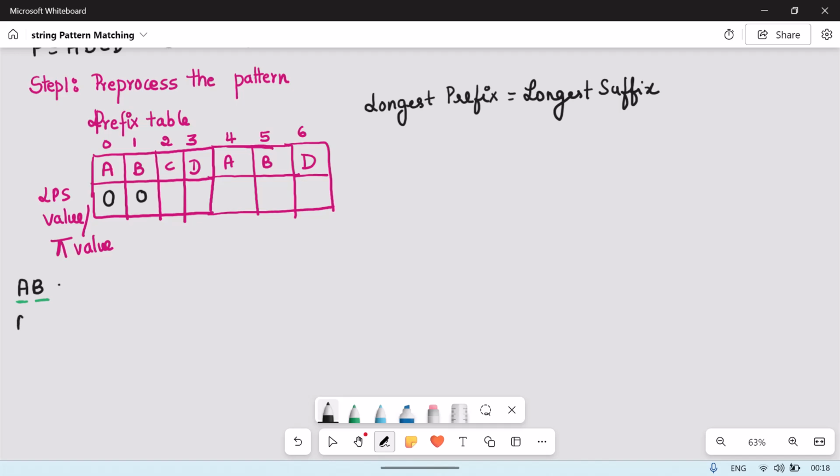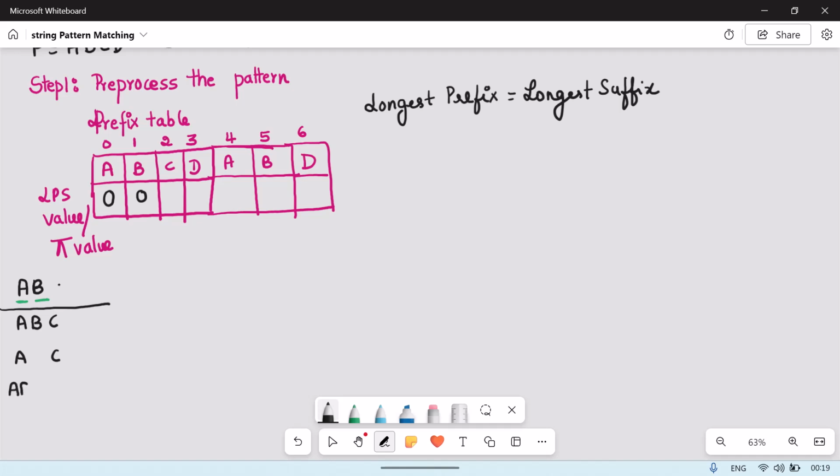Then you take A, B, C, 3 characters at a time. Now what you do is take one character each from the left side and the right side. Likewise, because there are 3 characters, I can take 2 at a time.